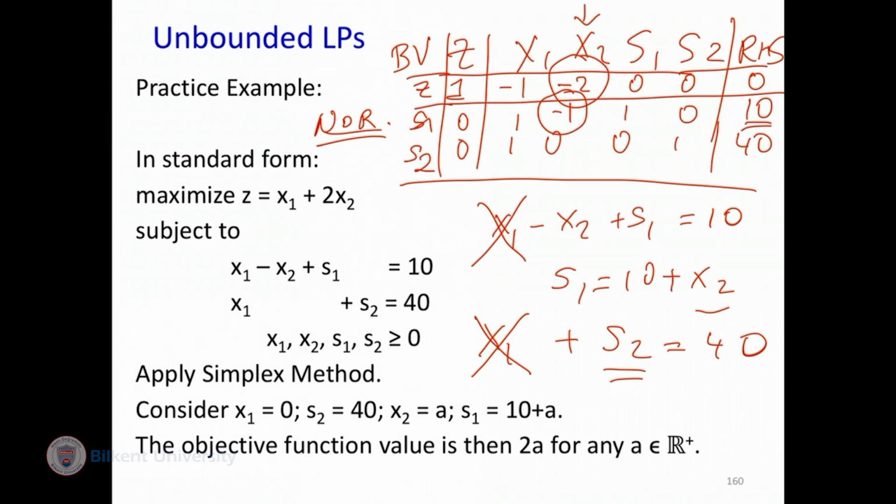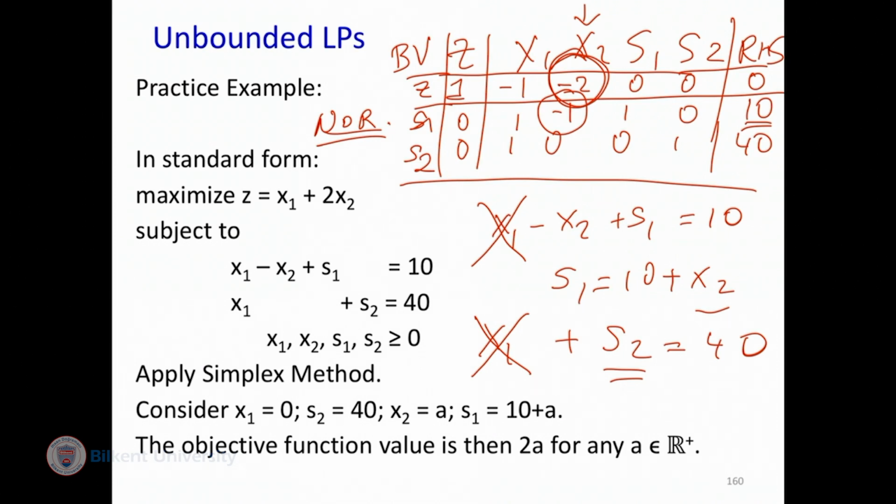That entering variable per unit improves my objective, but there is no hindrance in terms of the highest possible value that this entering variable can take. It can take indefinitely high values, per unit improving my objective by 2, therefore making my optimal solution as high as possible, so there is no upper bound on the optimal solution.